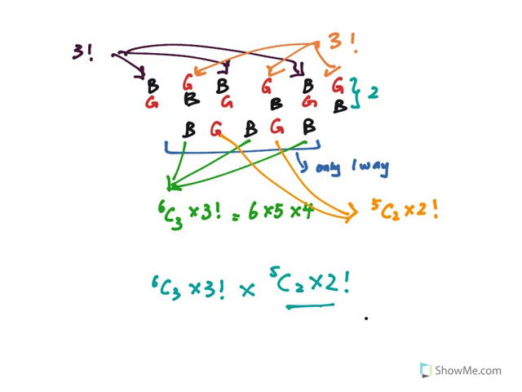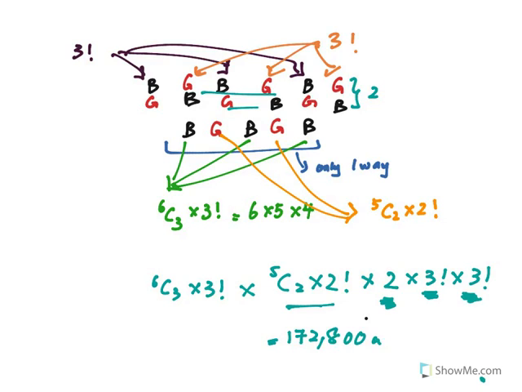At the back there are two ways to arrange them, starting with the boys first or the girls first, multiplied by 3 factorial for arranging the boys and 3 factorial for arranging the girls. And this total answer is quite a big one. It's actually 172,800 ways.